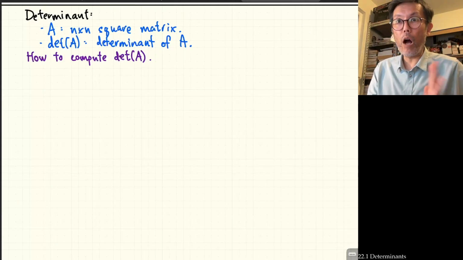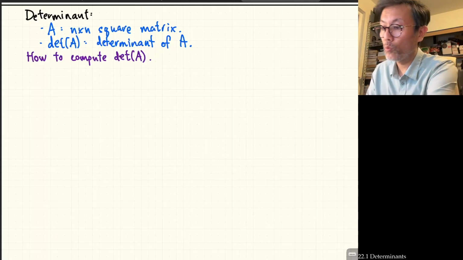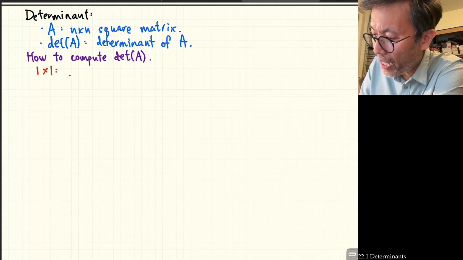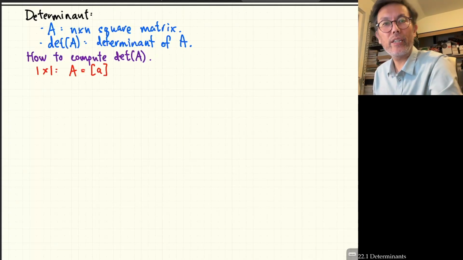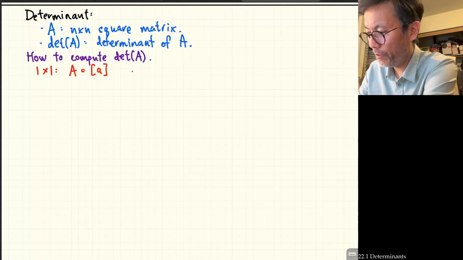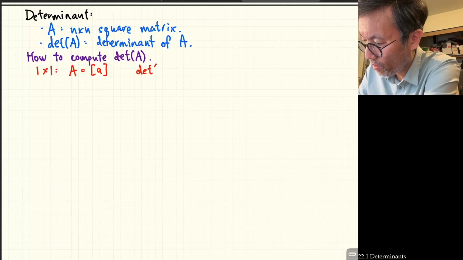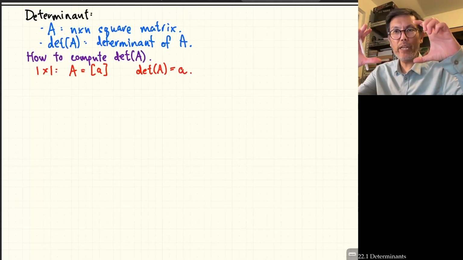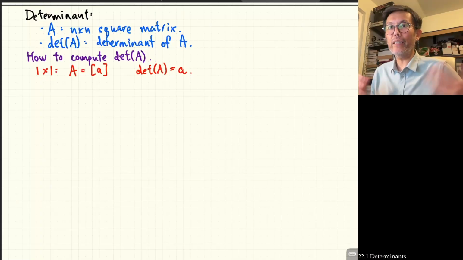Because for a 1 by 1 matrix, the determinant is real easy. In the 1 by 1 case, A is simply a matrix with one entry. And guess what the determinant is? It is simply that entry. Okay? So the determinant of the matrix that contains the number pi is pi.